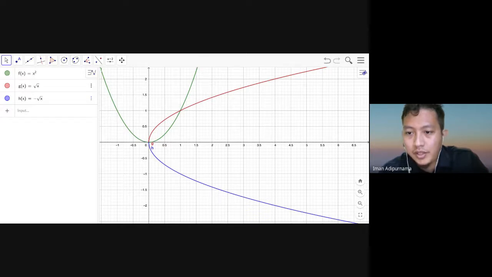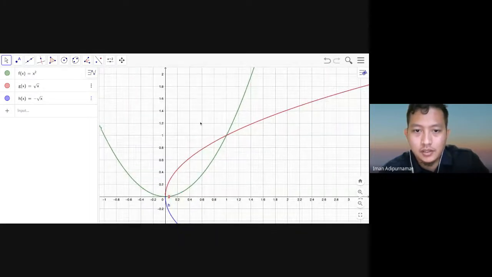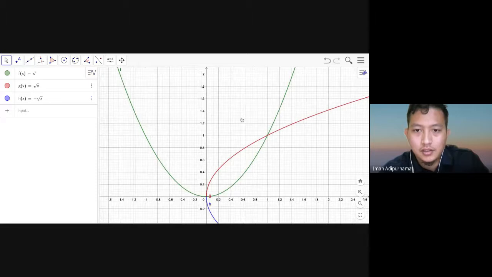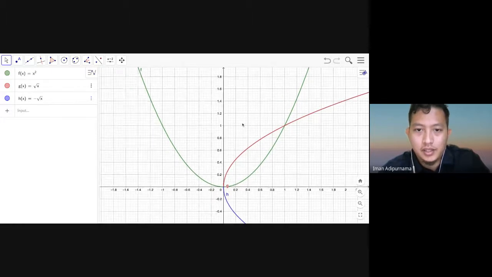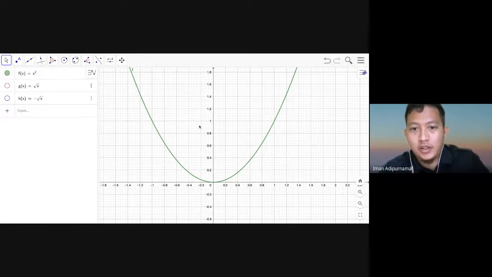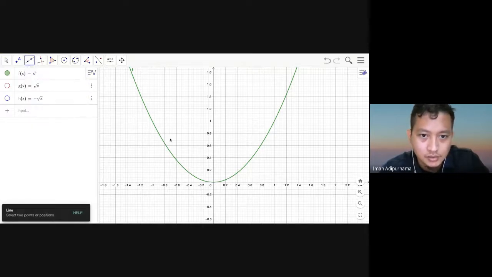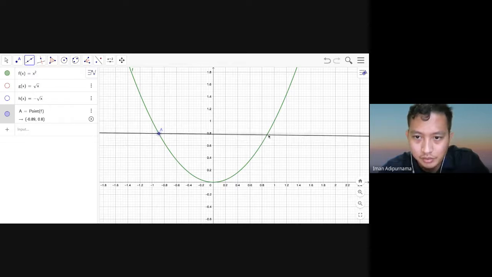One to one, via the graph again. Okay, one to one. Let me make it disappear first. If you check with a horizontal line, let me make a horizontal line from here to here.